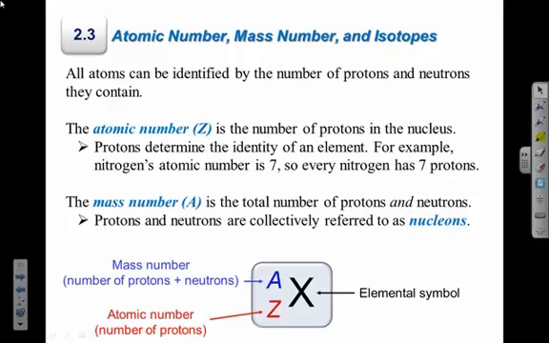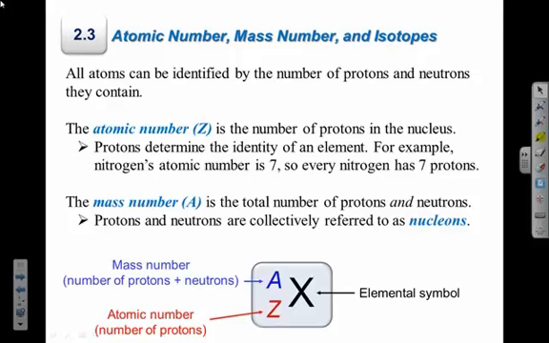So for chromium, the average mass is very close to 52. Right, so if I take 52 minus the 24 protons, the mass of 52 minus 24 protons means on average chromium should have 28 neutrons.